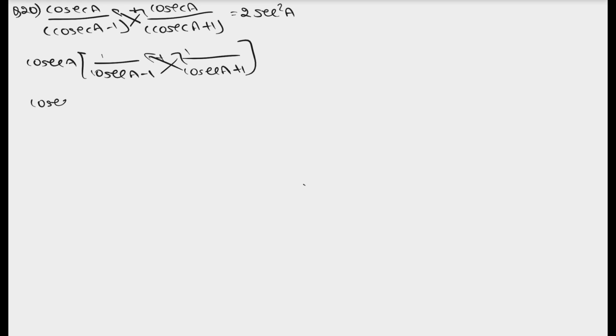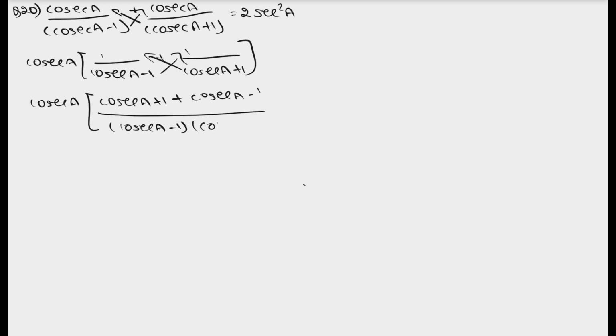This cosecant A remains same. We'll be having cosecant A plus 1 plus cosecant A minus 1 by, so here we'll be having two terms, which is cosecant A minus 1 and cosecant A plus 1. So plus 1 and minus 1 gets cancelled.